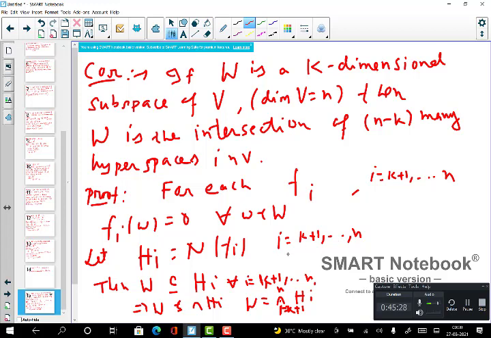So that tells you that given any subspace of dimension k of a vector space of dimension n, it is actually an intersection of some hyperspaces, nothing else. Subspaces you can think of as hyperspaces and their intersection. So in fact, you can also give some characterization of the subspaces in terms of the annihilator.